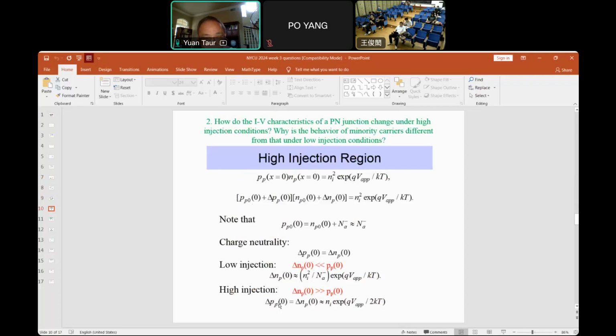So now we have delta MP equal to Ni e to the QV over 2 KT. So that's the key difference: low injection is the minority carrier injection on the other side is e to the QV over KT. High injection is e to the QV over 2 KT, and this can be observed in the IV curves as a function of V applied.